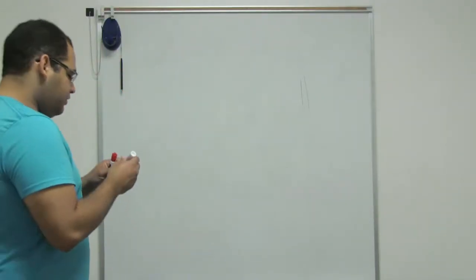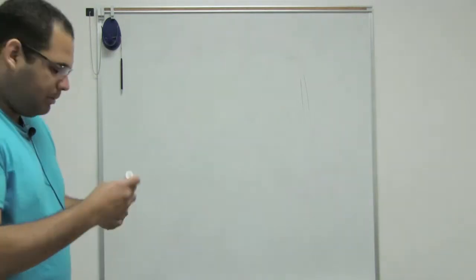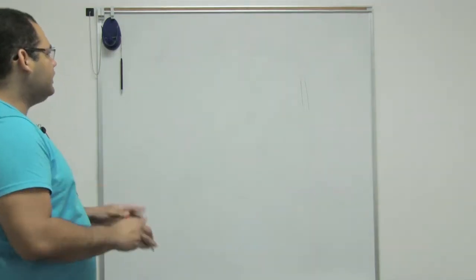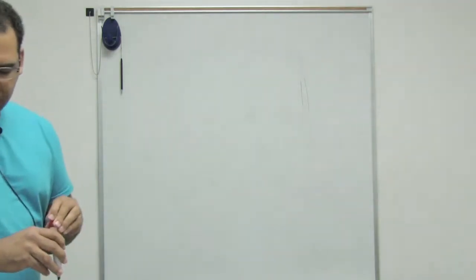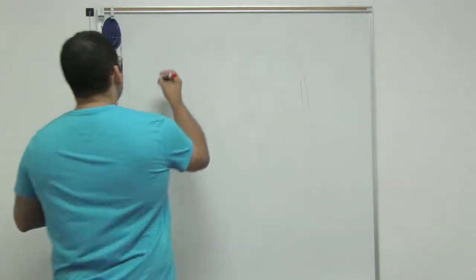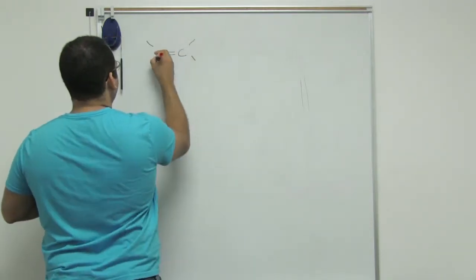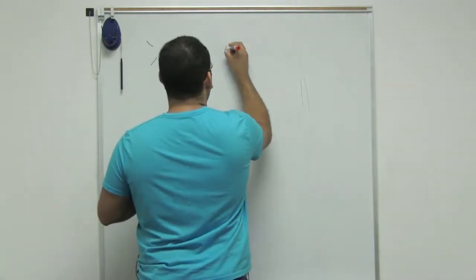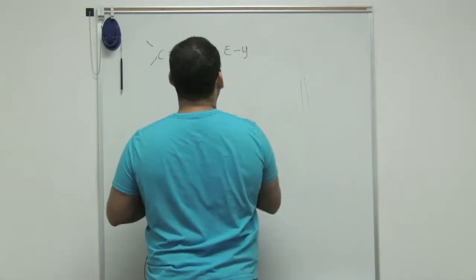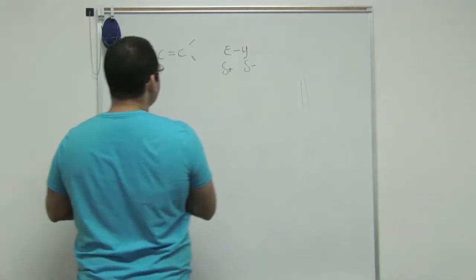Okay, so in this video we're going to talk about electrophilic aromatic substitution. But before we get into that, let's review a little bit about electrophilic addition in an alkene. If you remember from early chapters in 351, we have our electrophile and a nucleophile.